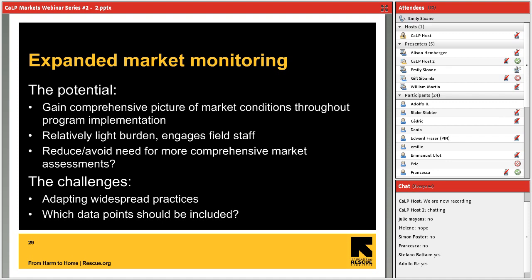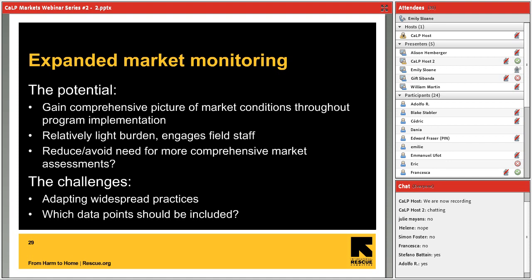And then potentially, depending on the data that you gather and how well you analyze it, you could reduce or avoid the need for a more comprehensive market assessment by having an ongoing picture of what's happening in markets. So if you had another crisis, based on the information that you have and the more frequent interaction with markets, you may not need to do a 2-week assessment.